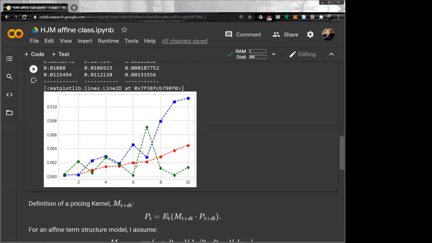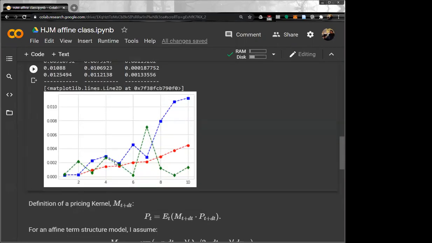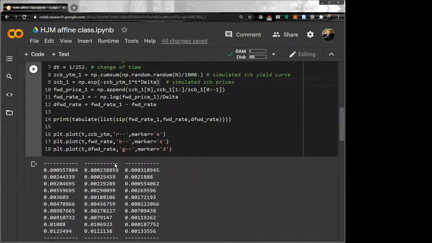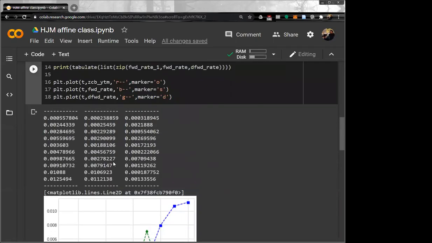When the slope decreases, it decreases. So it looks right. Here the slope decreases, so yes, it drops. That's fine. And then the change, the green line, looks like this. So everything looks fine. Okay, this point we already learned.